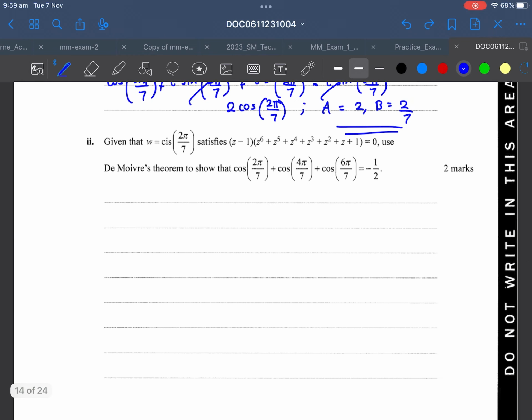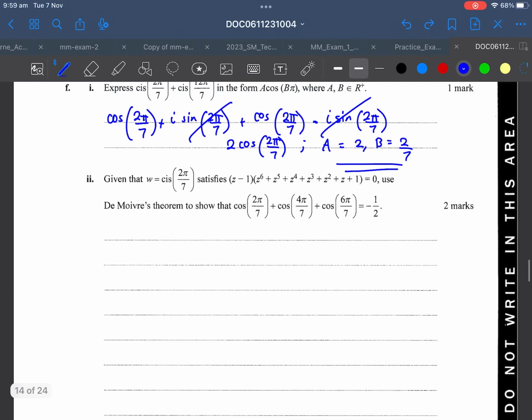Given that w equals cis 2 pi on 7 satisfies that, use De Moivre's theorem to show that that is equal to that. Okay. Actually, hold on. I think I know it.